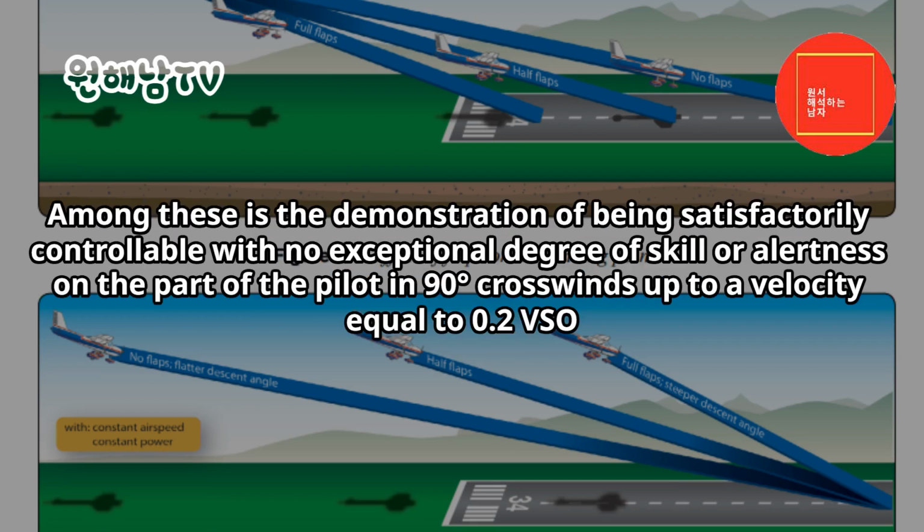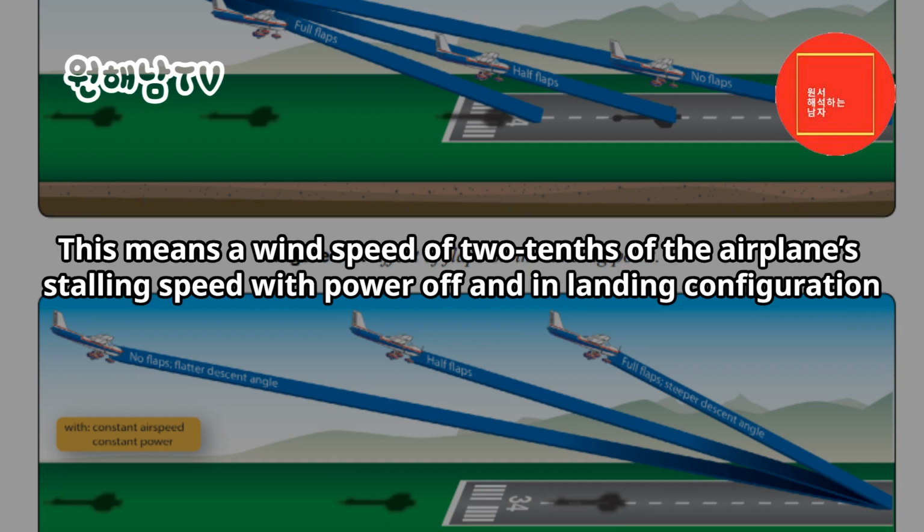Among these is the demonstration of being satisfactorily controllable with no exceptional degree of skill or alertness on the part of the pilot in 90 degrees crosswinds up to a velocity equal to 0.2 VSO. This means a wind speed of 2/10 of the airplane's stalling speed with power off and in landing configuration.